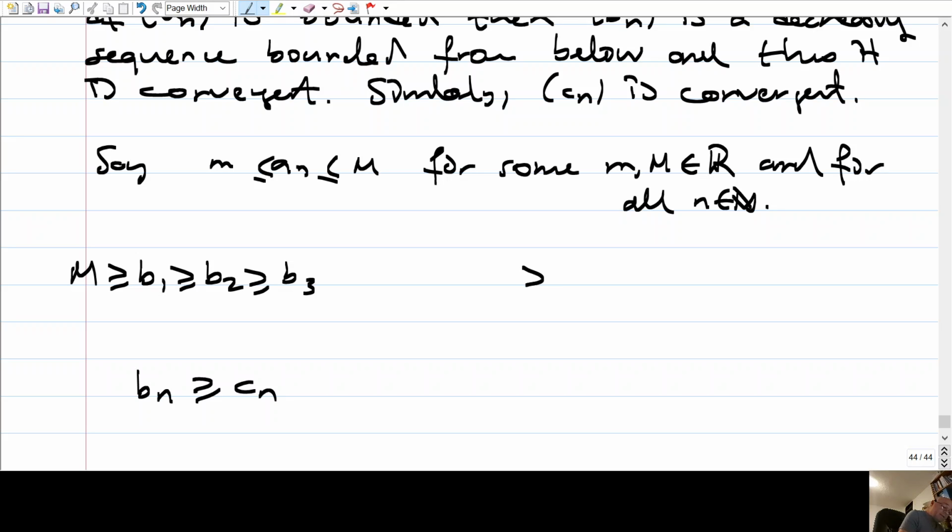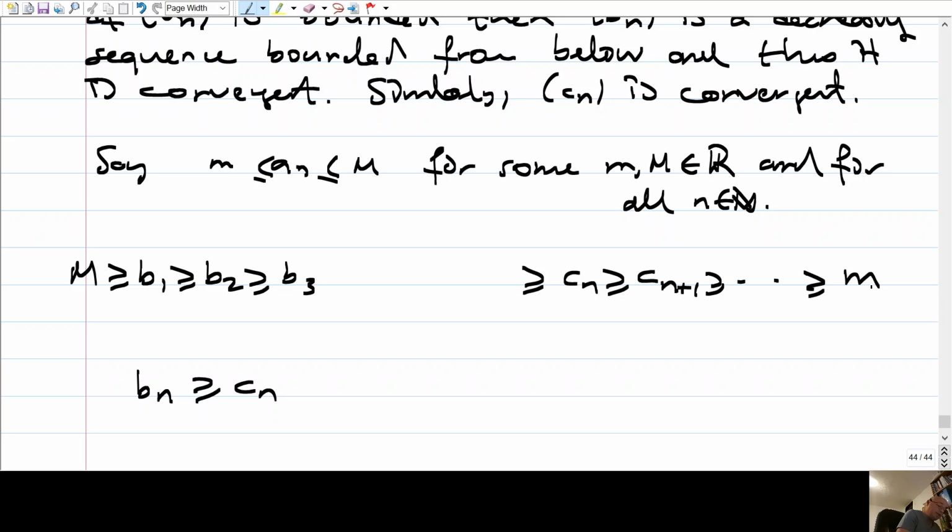And I have this. So here I have Cn. This time they are increasing. Cn plus 1 and goes like this, and this is larger than little m, because all the elements are larger than little m.